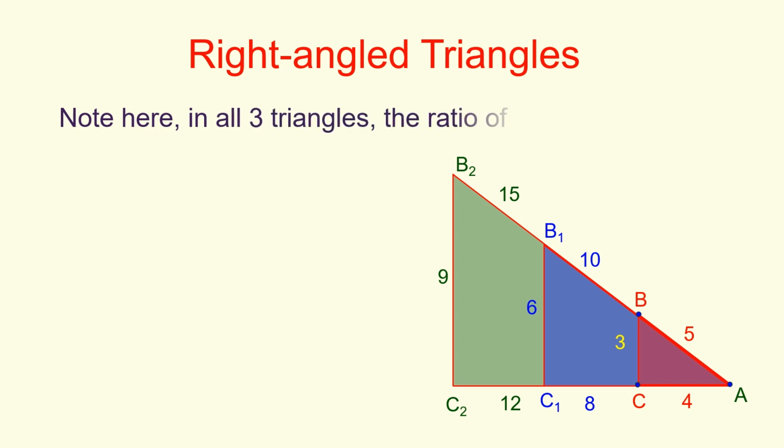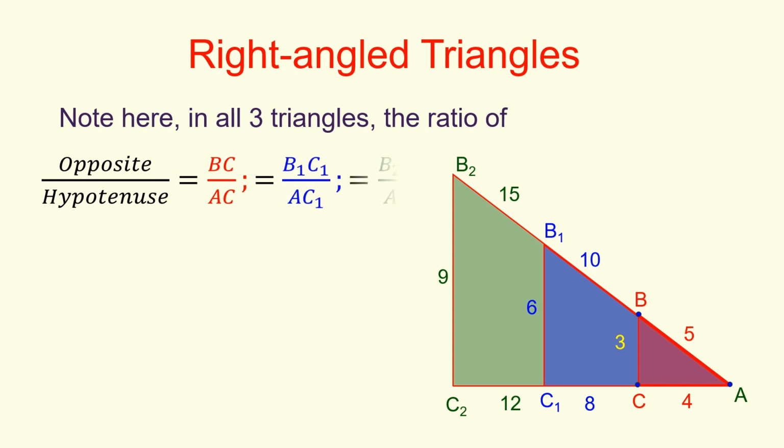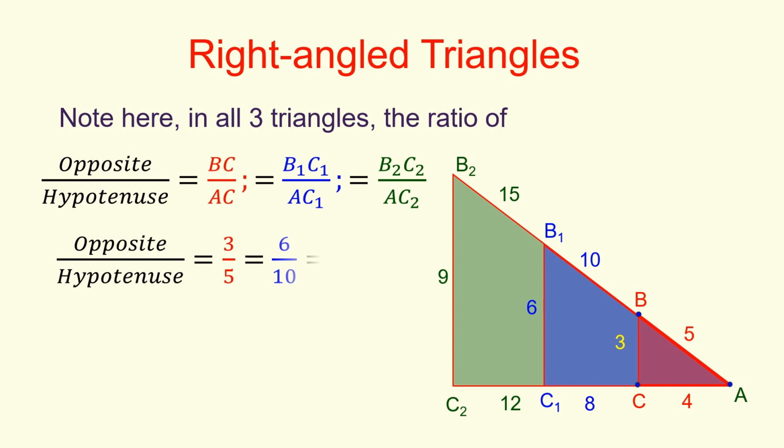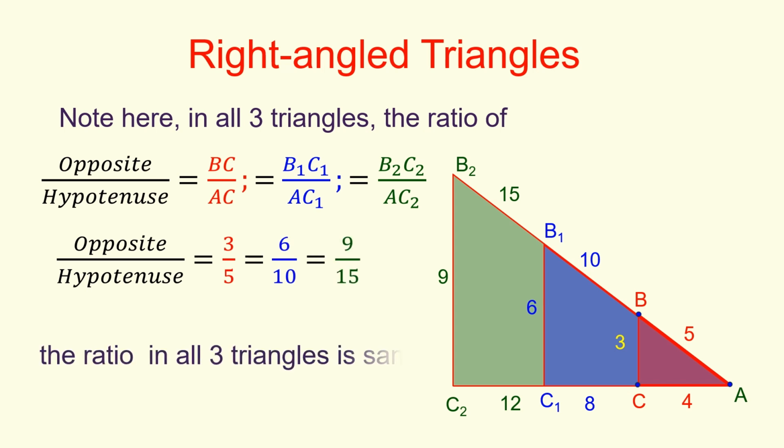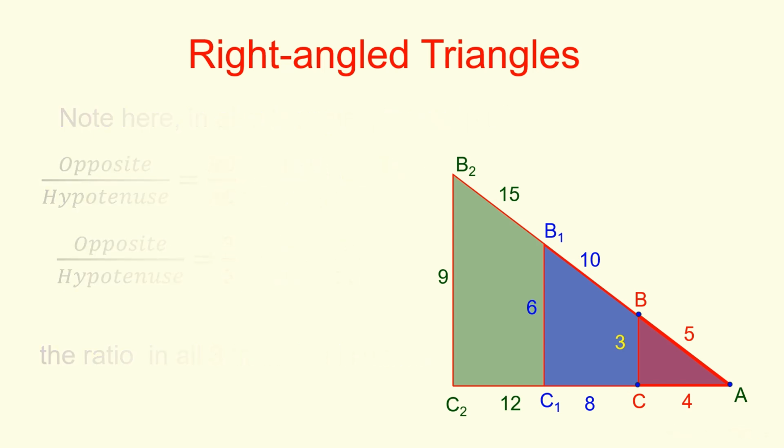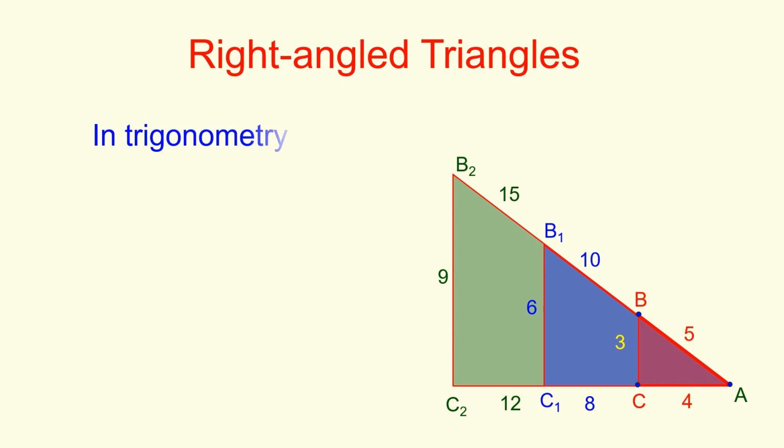Note here in all three triangles the ratio of the side opposite to the hypotenuse. The actual value of the ratio of opposite to hypotenuse depends on the value of the angle A.